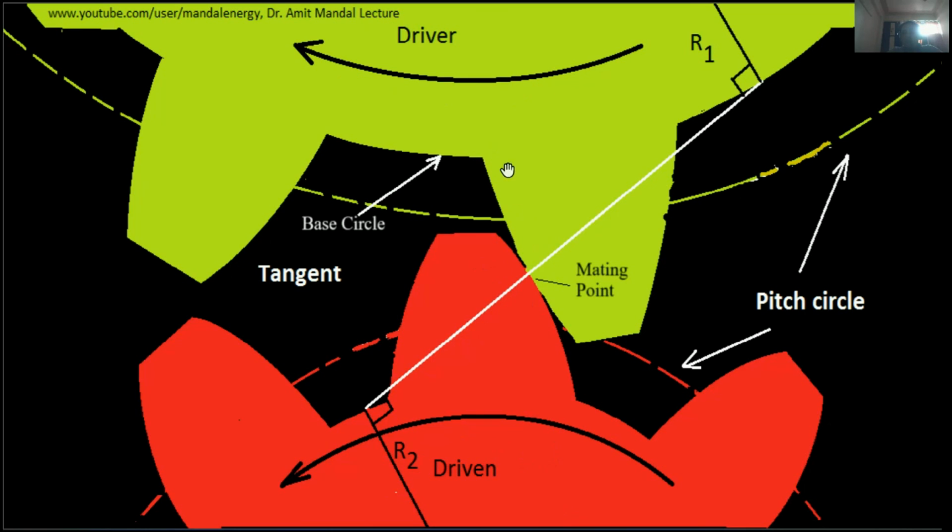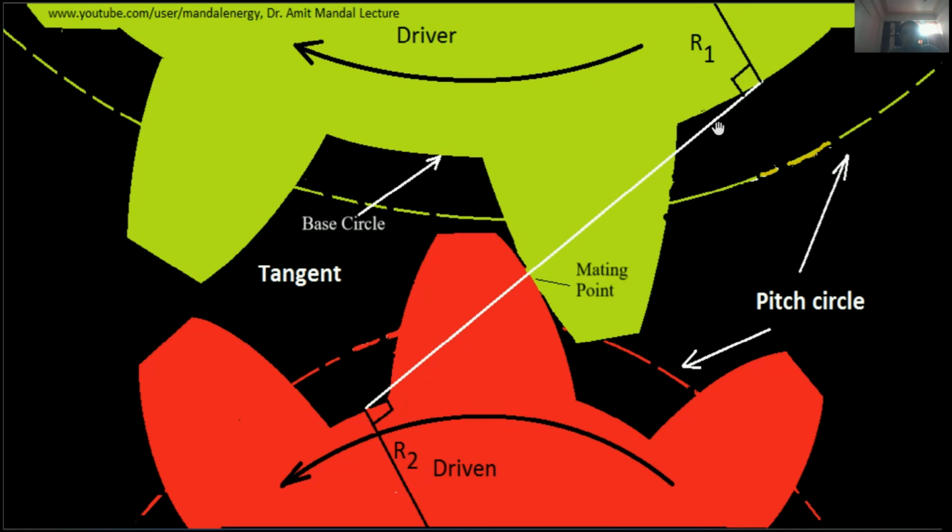So at last, for the involute gear tooth profile, in case a driver gear is there, and this is the driven, you can see the teeth are mating with each other. The tooth of the driver is mating with the tooth of the driven. At the meeting point, when the driver is driving the driven, if you draw a line which is tangent to the driver wheel, the same line extended to the driven wheel is also tangent to the driven.